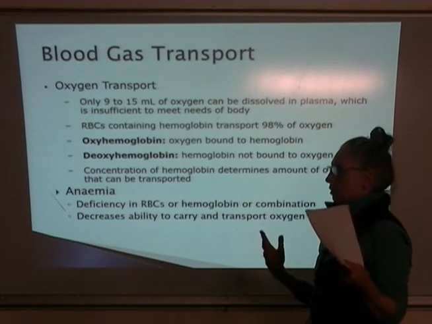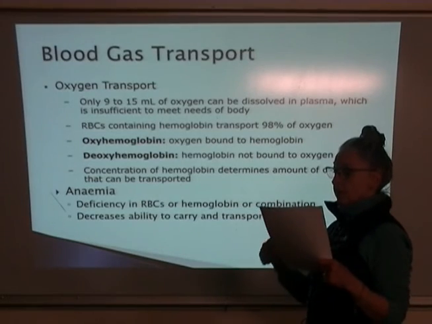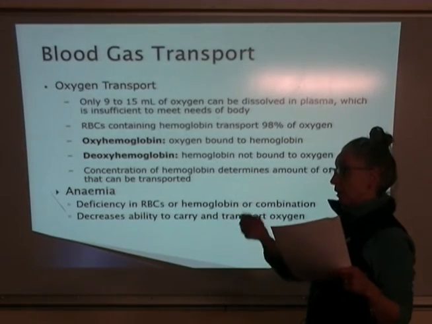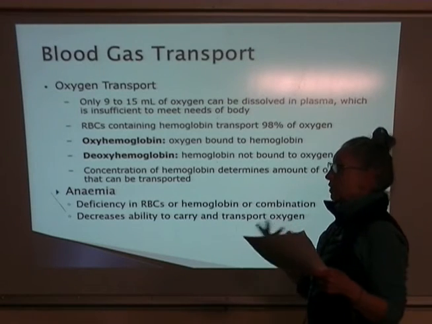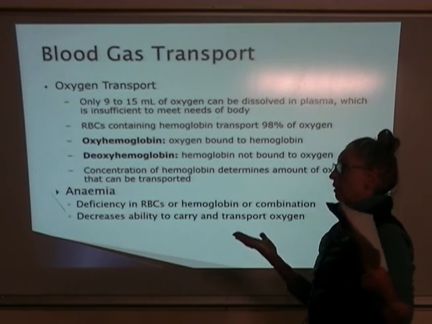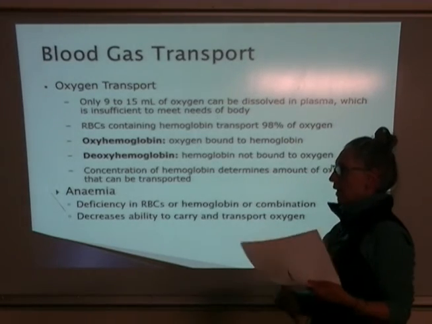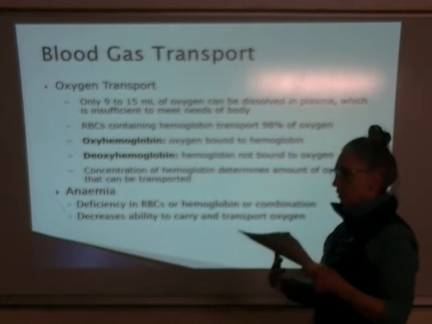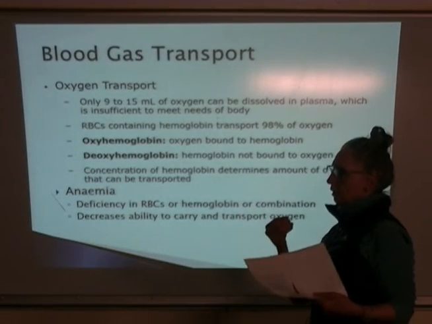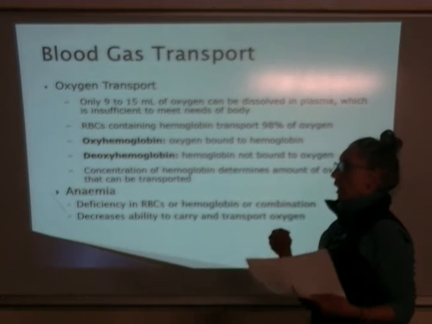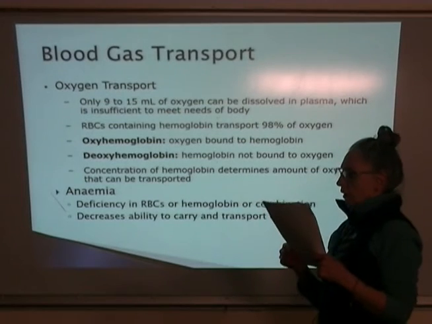So in many parts of the world, that's because their diets are deficient in iron for one reason or another. For some people, it can be that they have enough iron in their diet, but there's something in their digestive system that stops them from absorbing that iron appropriately. And so then they're iron deficient.